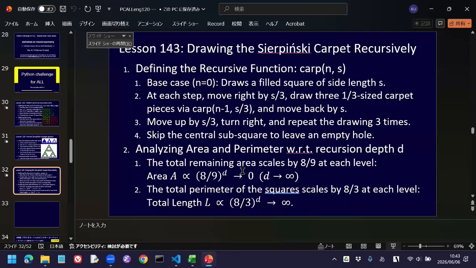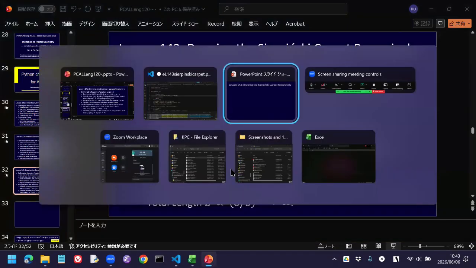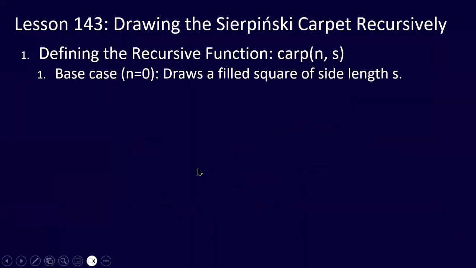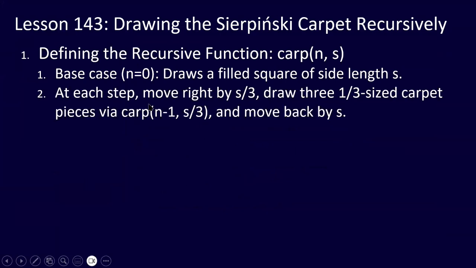The base case is to draw a filled square of side length s. Then at each step, move right by s over 3, draw three 1/3 sized carpet pieces via carp of n minus 1 and s over 3, and move back by s.